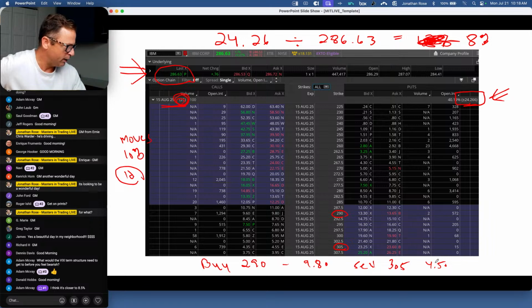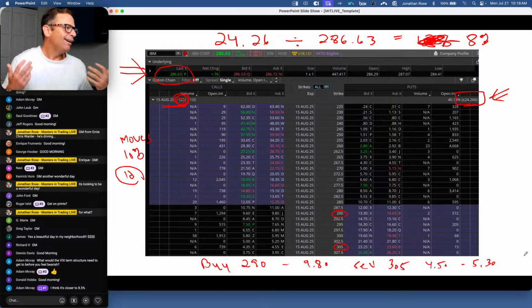Then that trade would be 530. So 530 of risk, and you can make the difference between the strikes. I'm not going to share a trade. It's very expensive.